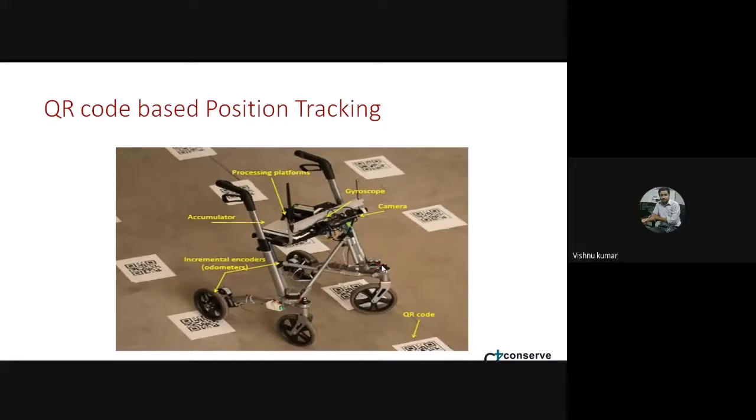That is a way of estimating and tracking the position of the mobile robot. The faster the robot scans, the more efficient the system will be. Otherwise, we will miss some points, and there will be a chance of a crash.